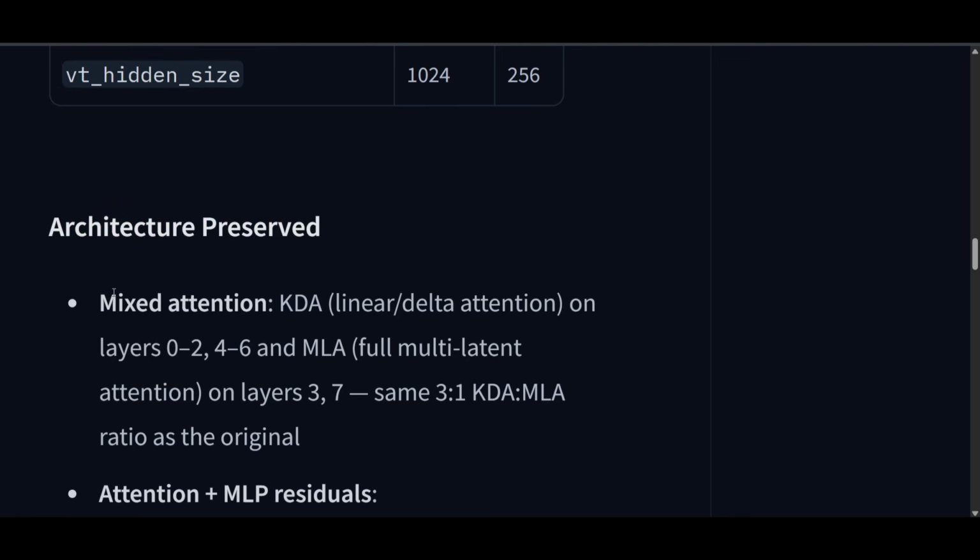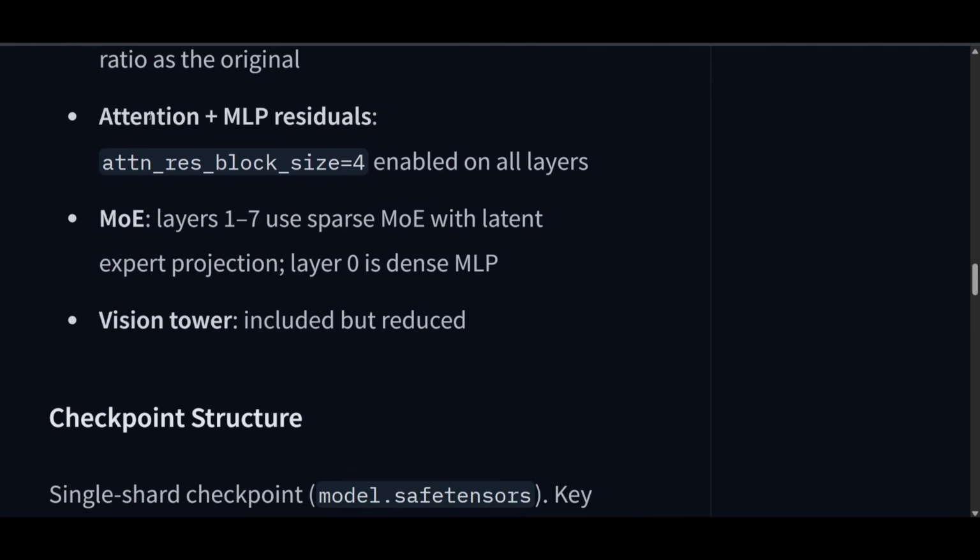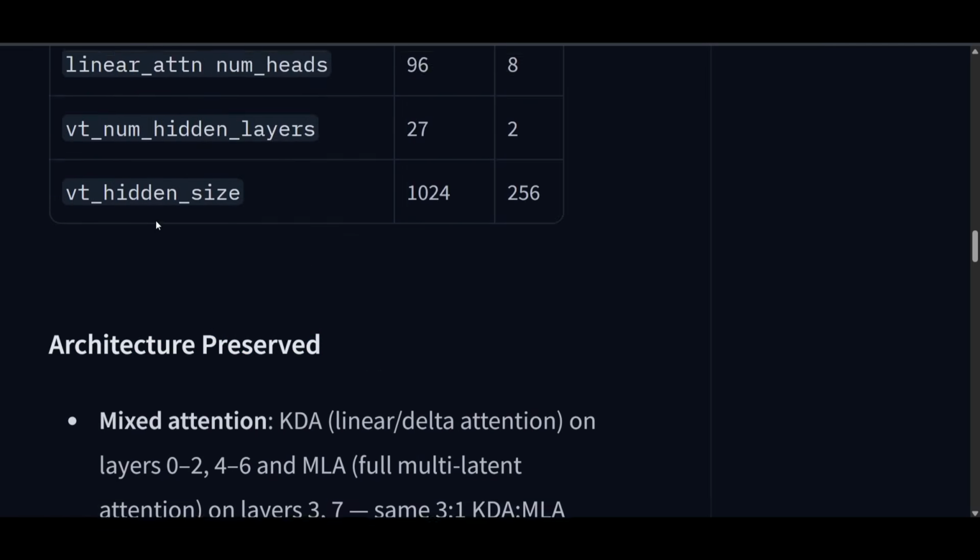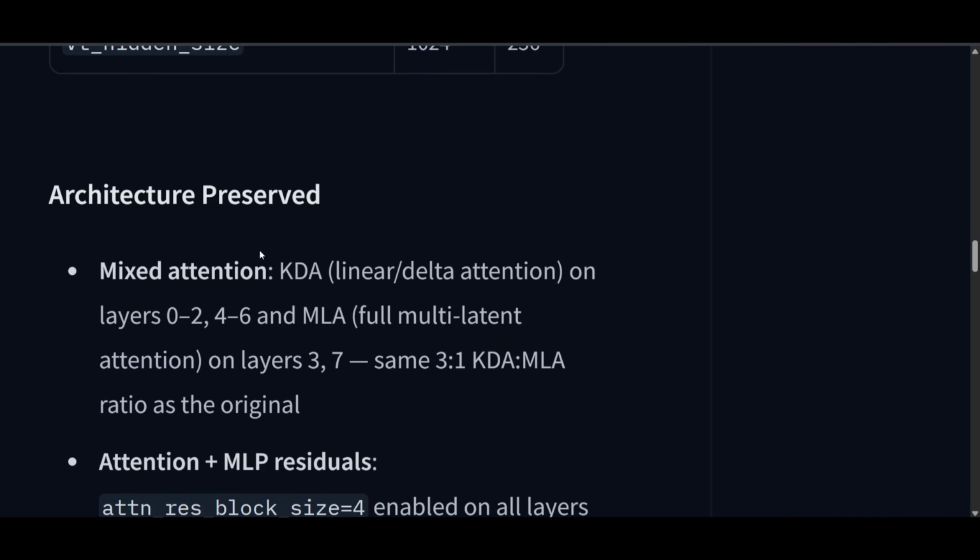So they have preserved the exact attention architecture, the exact Kimi Delta Attention, and also the attention plus MLP residuals, mixture of experts. So the exact configuration they have preserved, and you can study this architecture inside this model without downloading the trillion parameter model.